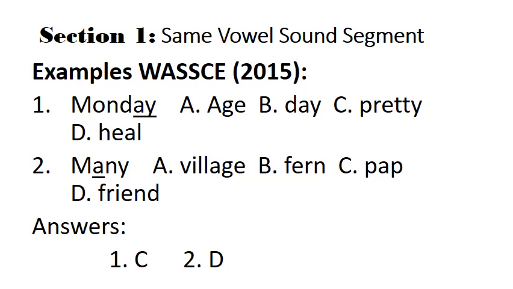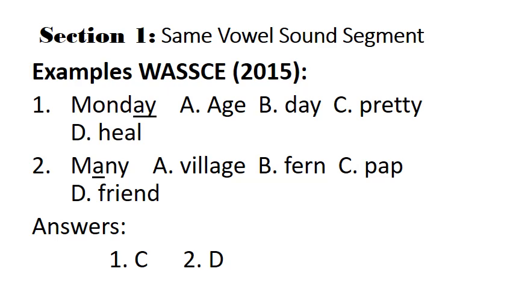So we take a look at some examples drawn from past question 2015. Number 1 question has the word spelled M-O-N-D-A-Y, and AY is underlined as the given vowel sound element. Options given are A, AGE, B, DAY, C, PRETTY, while D is given as HEAL.